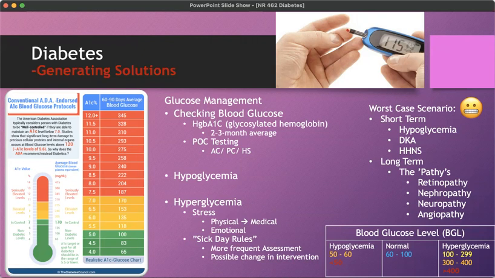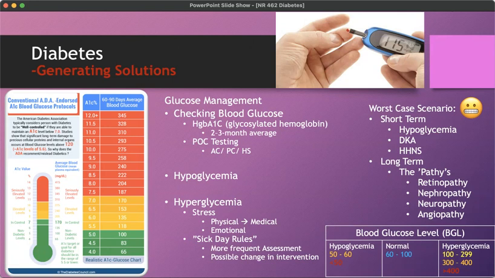For worst case scenarios that we should always keep in the back of our mind for any diabetic patients, in the short term, we've got problems of low blood sugar, so hypoglycemia. And again, looking at our blood glucose levels, it's a very narrow range of glucose levels before we start getting very concerned about hypoglycemia. On the hyperglycemic side, we have things like DKA, diabetic ketoacidosis, which is most common with type 1s, and HHNS, HHS.